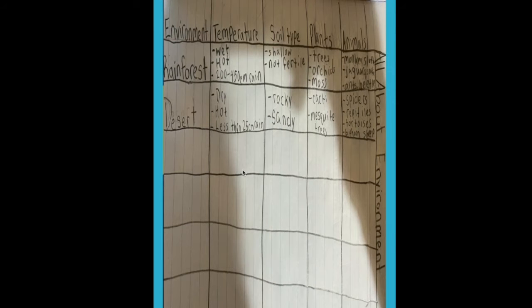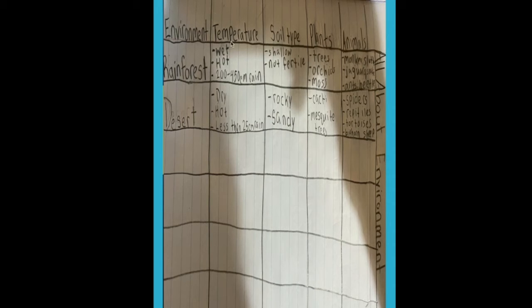Before we continue, I just want to review the two different environments that we discussed so far. We discussed a rainforest, which is a wet and hot area, which has different kinds of animals. And then we also discussed a desert, which is a dry and hot environment and has plants like cacti and mesquite trees, which don't need much water.